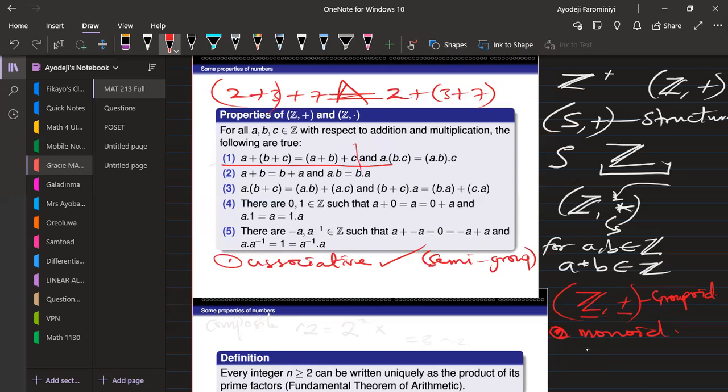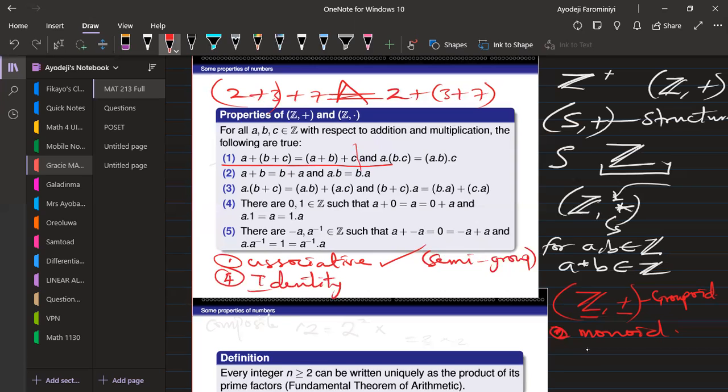Then, in addition to that, I'm going to property number 4 on the list. If there is an identity. So what is the meaning of an identity?